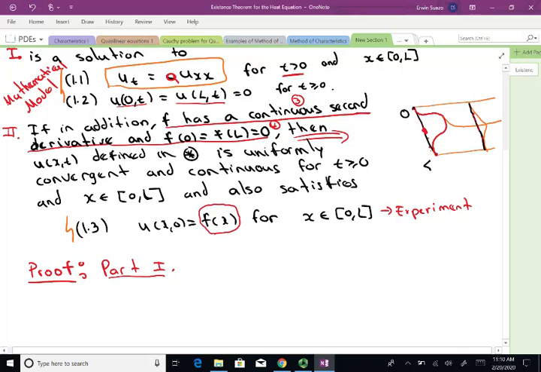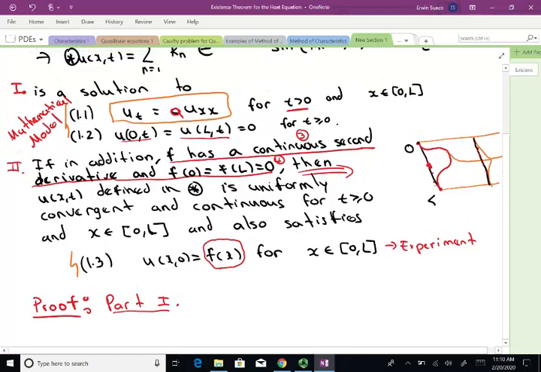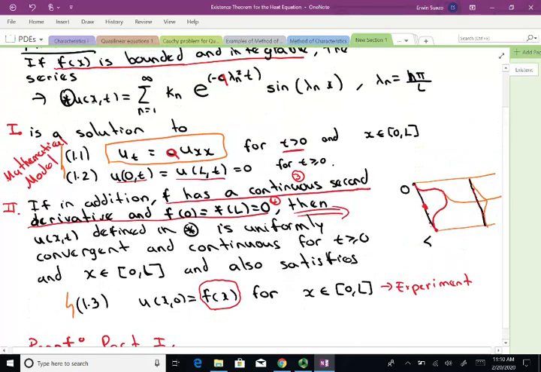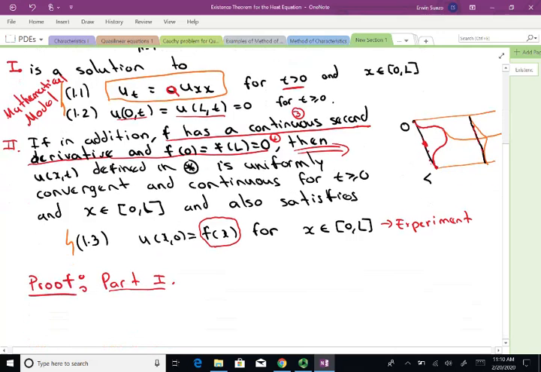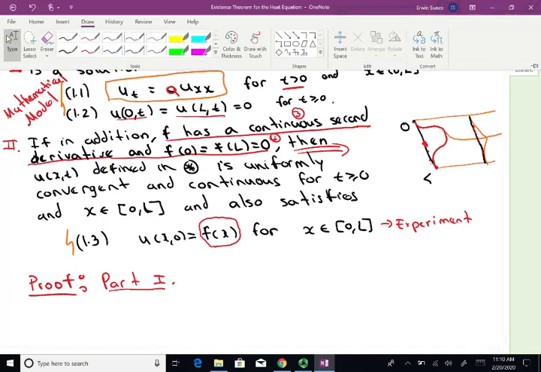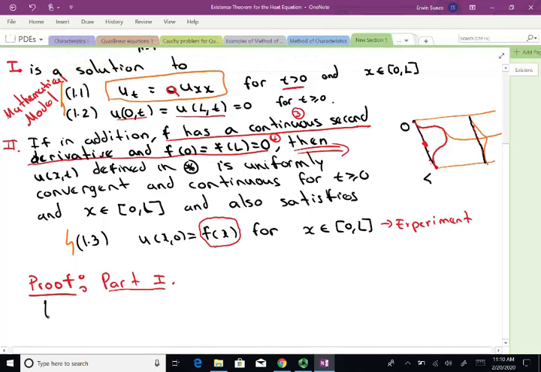So let's start with part 1. What I need to prove is that u(x,t) satisfies 1.1 and 1.2. So let's check 1.2. Let's start with the easy one.